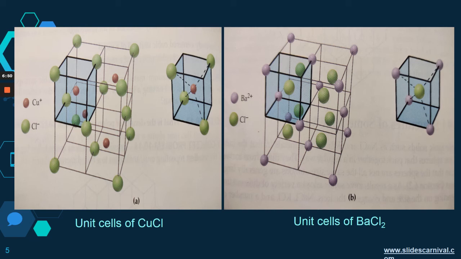The other common ionic cells are the unit cells for copper(I) chloride and barium chloride.